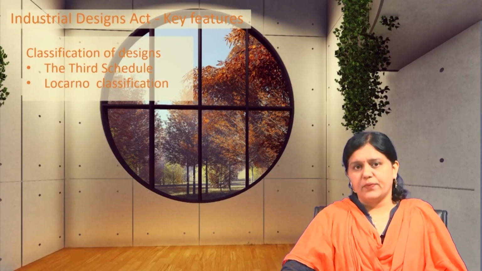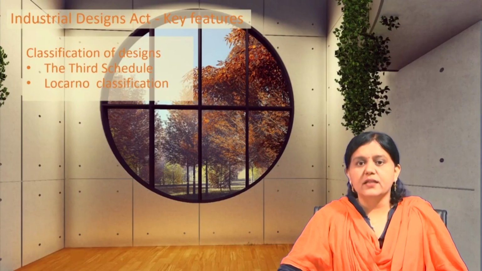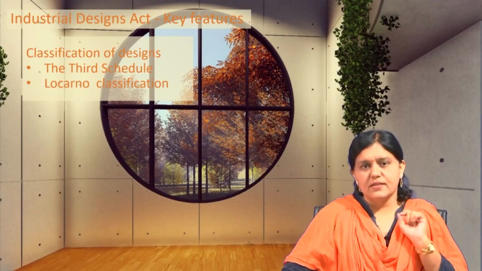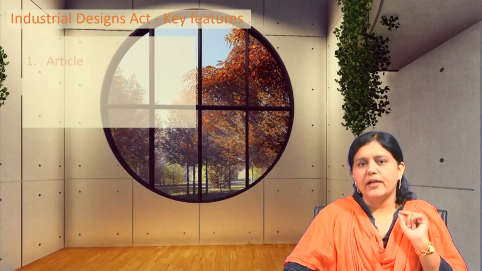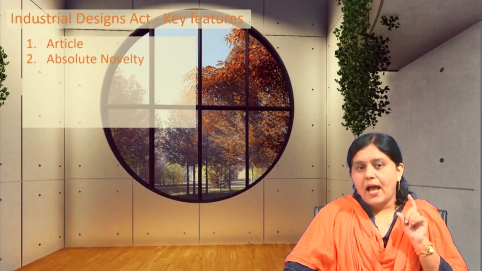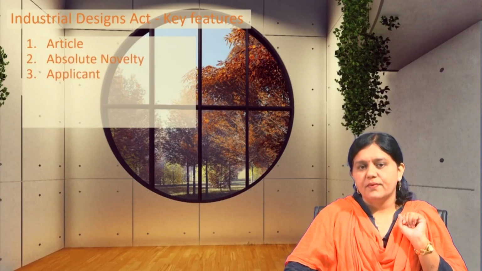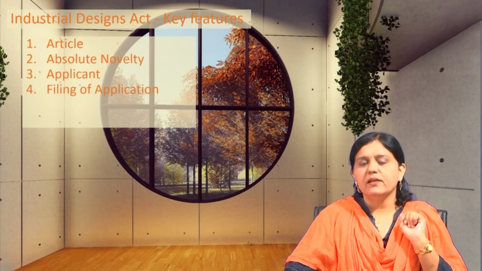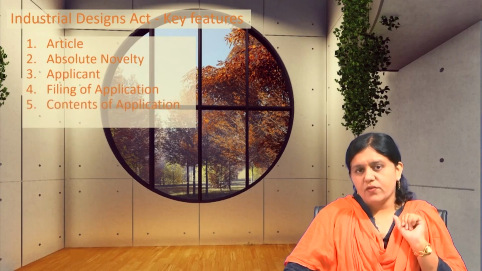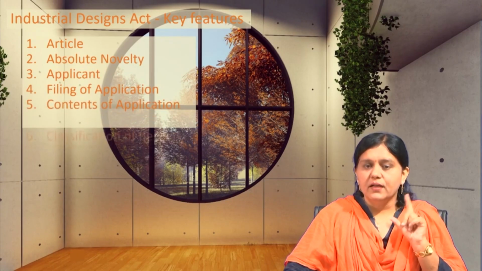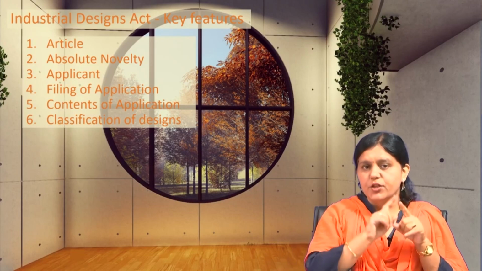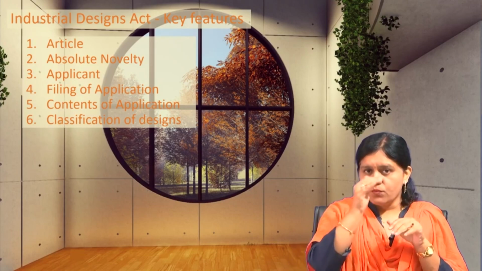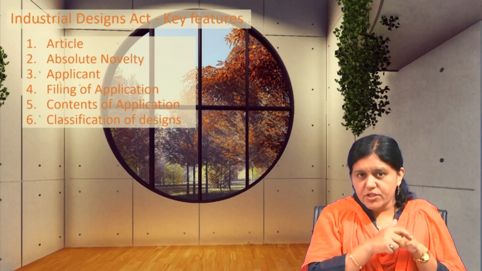So, the key features are: article, absolute novelty, applicant, filing of application, contents of application, and classification of design. We have seen that section 2 is mostly related to definitions.